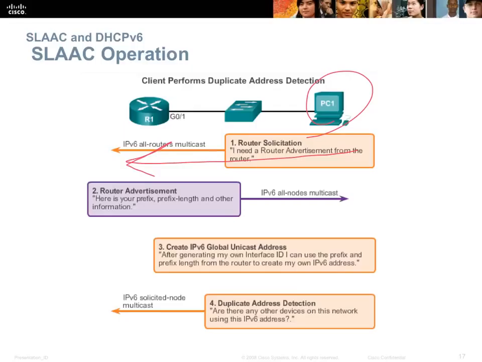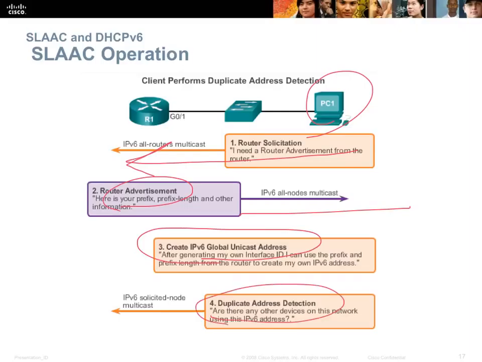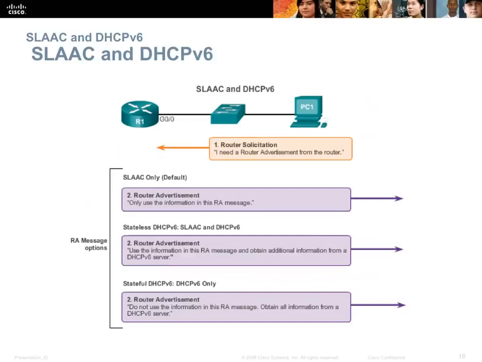The router sends back an advertisement. Create a global unicast address, and then check for duplication. See how it works? Nods aren't always necessarily the true answer, but at least we have a concept, right?